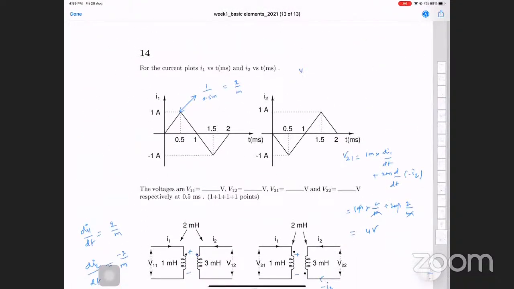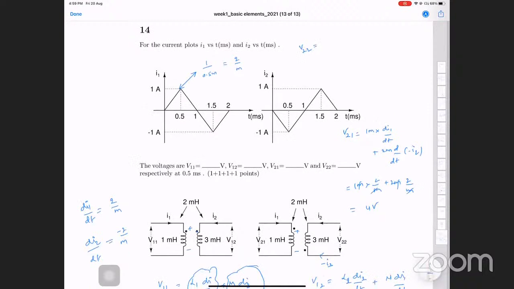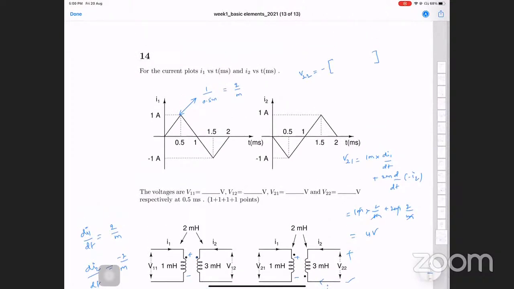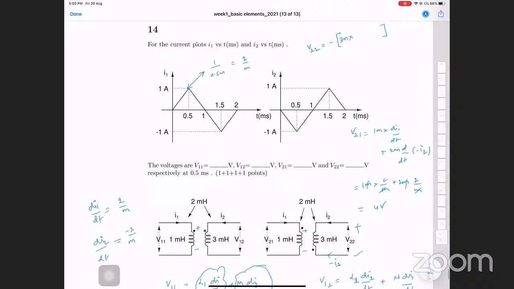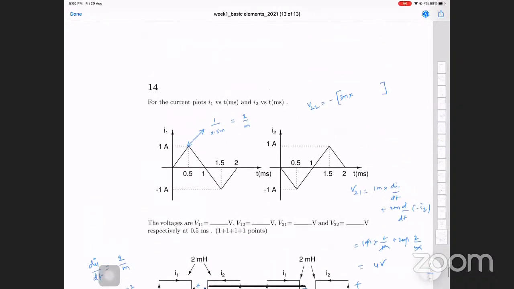Now I wanted to find V22 also. How do I solve V22? If you see, the current is in this direction, right? So that straight away says that the V22 I'm going to get is a negative voltage, with plus here and minus here. The current is actually entering this way. So 3 milli times d by dt of minus I2, so plus 4 by milli.